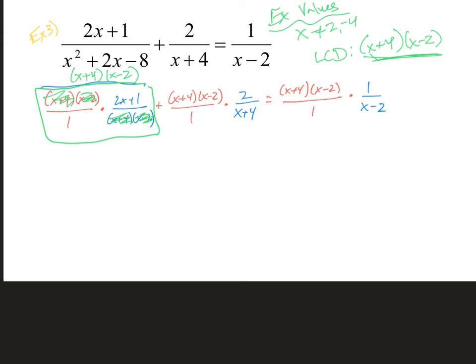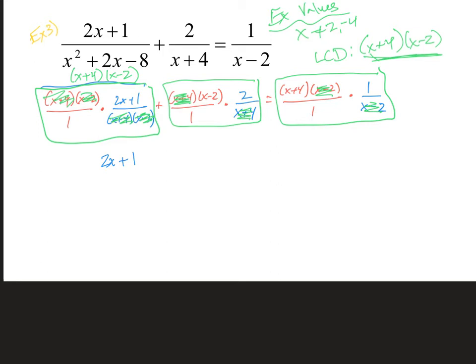For this term, the only factor that is the same is an x plus 4 and an x plus 4. Again, remember, it has to be in the numerator and the denominator because the same number over the same number is 1. And then lastly, on the right-hand side of my equal sign, I have a factor of x minus 2 that are the same that I can get rid of. Okay? So in green here, what I'm left with, I'm going to rewrite this as 2x plus 1 for my first term. That's all I have left, right?